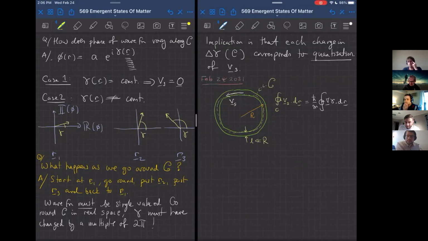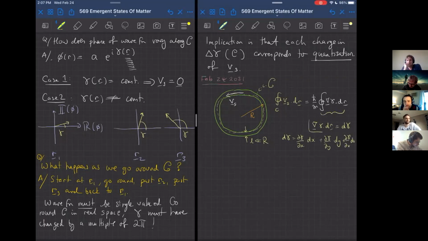So that's putting in our velocity as a gradient in here, and then of course all this does is the integral around this curve. What we know is that grad gamma dot dr is by definition just d gamma, right? Because that just says that d gamma is equal to d gamma by dx plus d gamma by dy, etc., plus d gamma by dz.